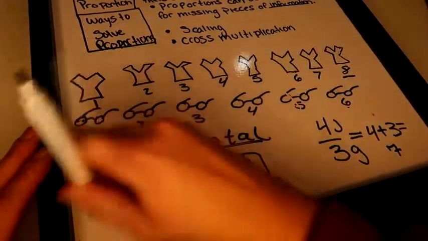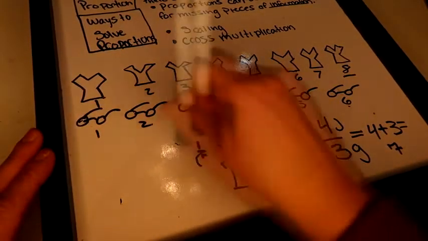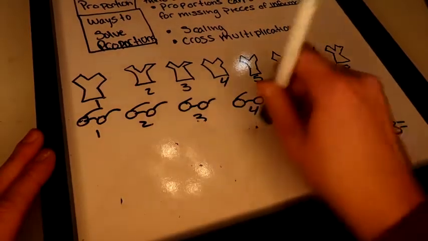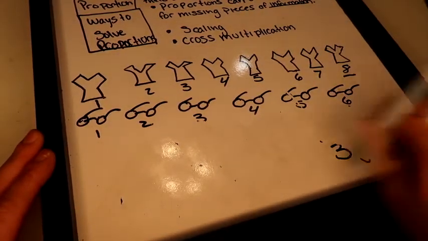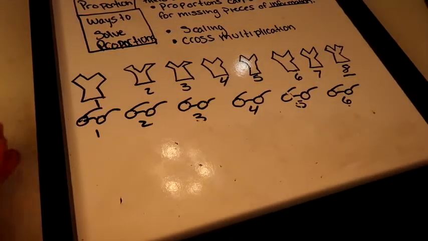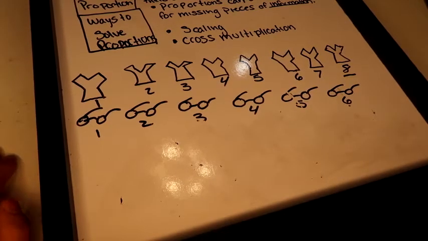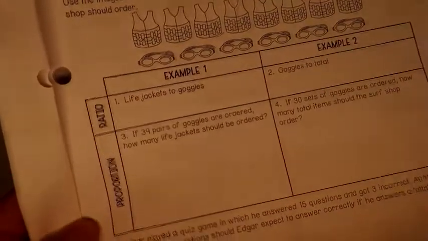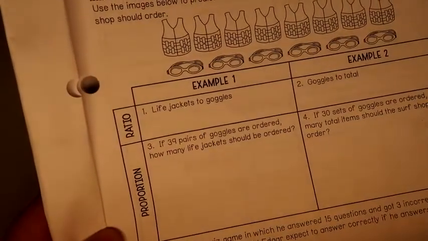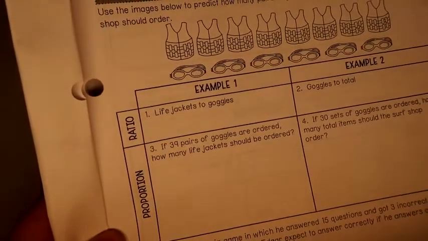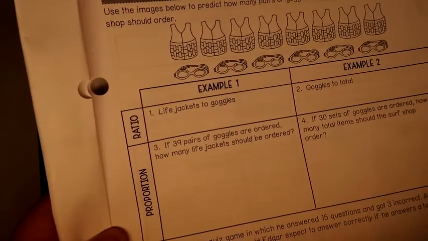Again, I'm going to erase this. Okay. So, number 3 reads, if 39 pairs of goggles are ordered, how many life jackets should be ordered?